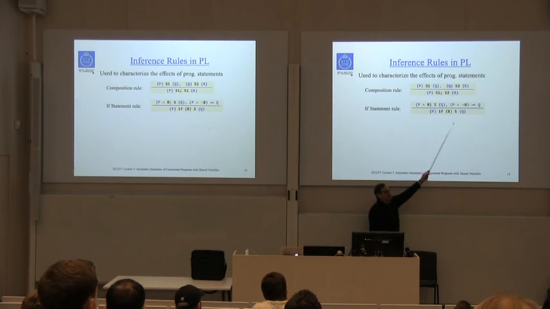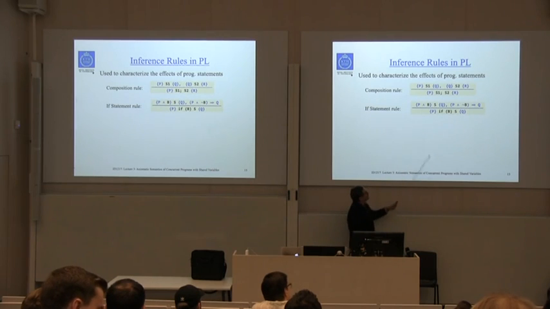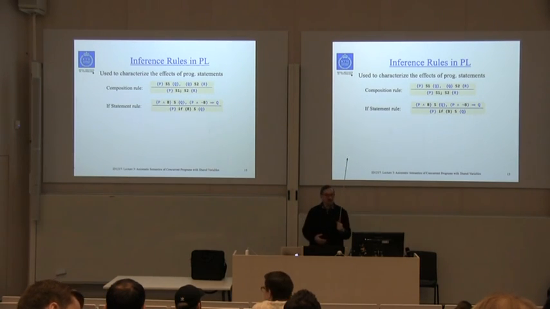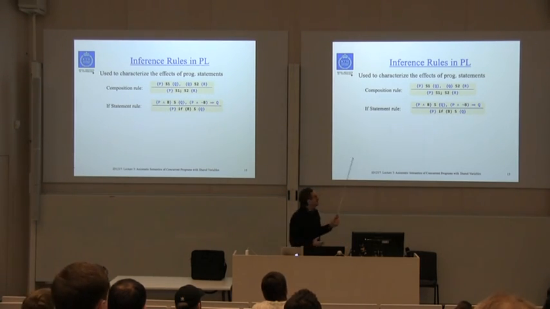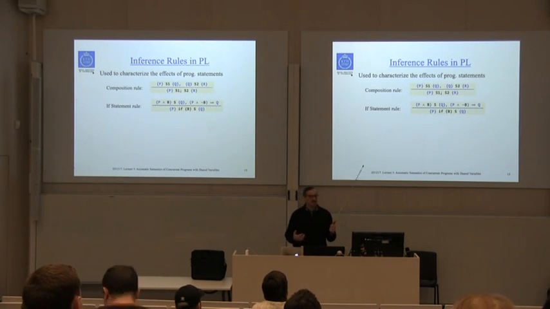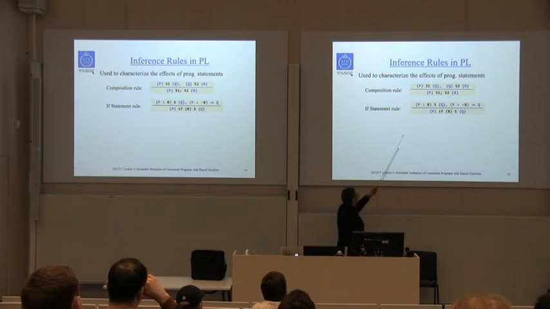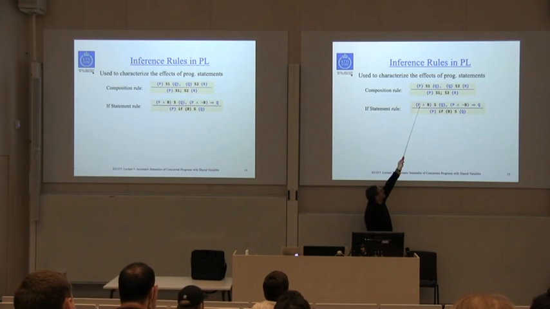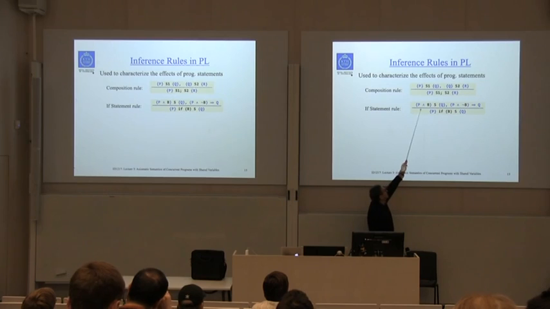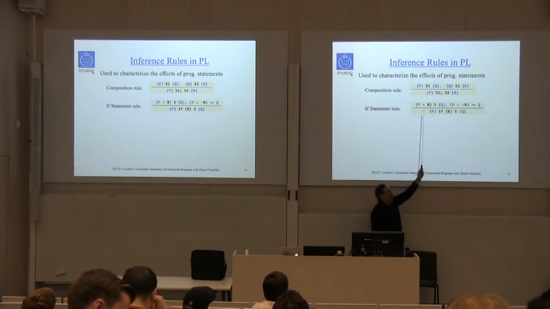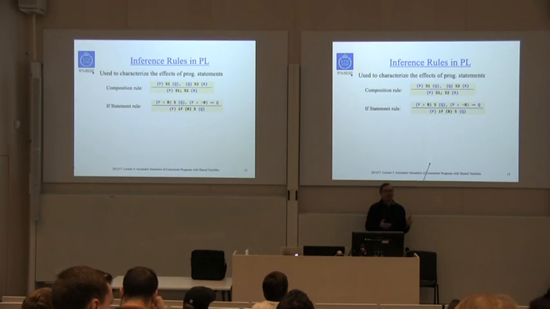To prove that this is true, you need to prove two hypotheses because there are two cases here. First, B is true, and second, B is not true. If B is true and the initial state is P, this is a logical and, after execution of S, we end up in Q. This you need to prove.